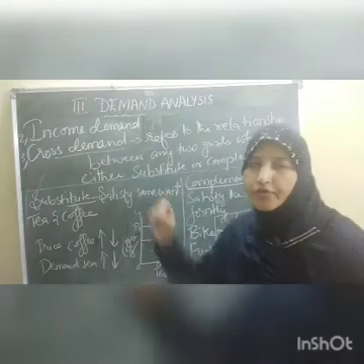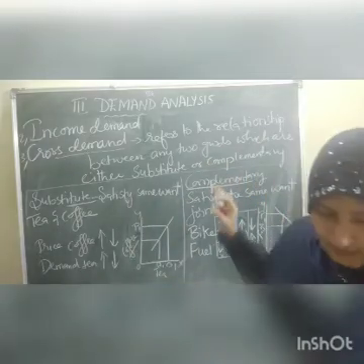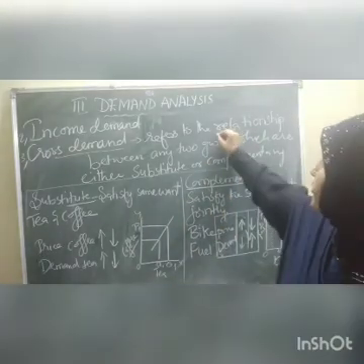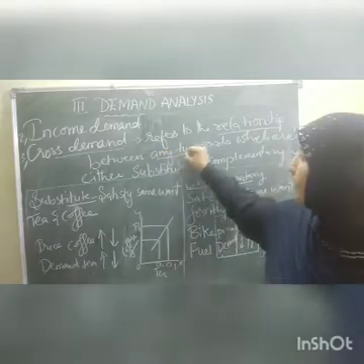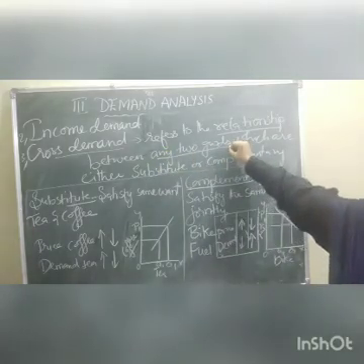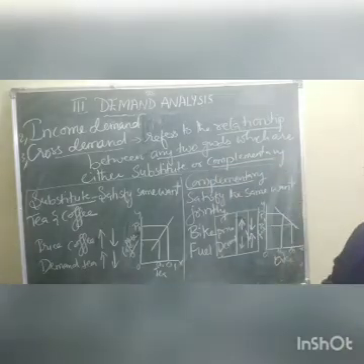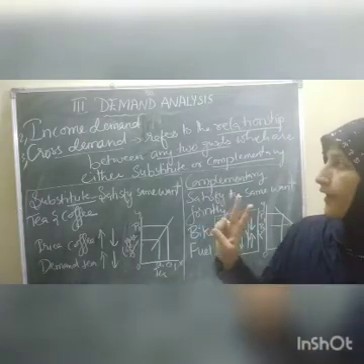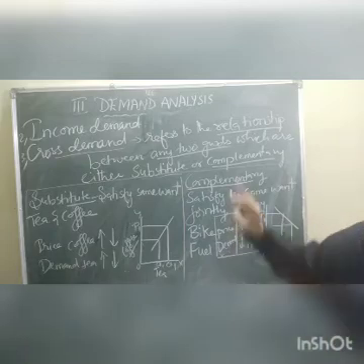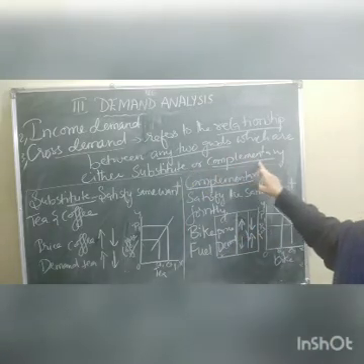Let us first write the definition. Cross demand refers to the relationship between any two goods which are either substitutes or complementaries.